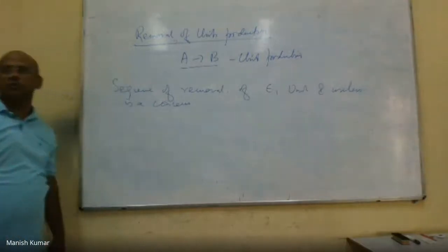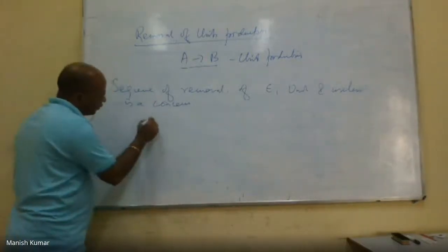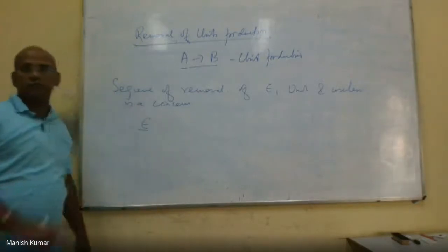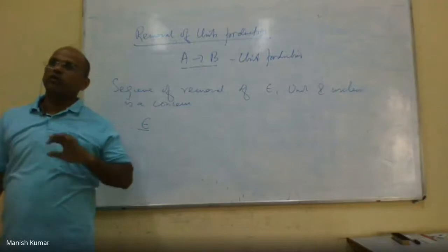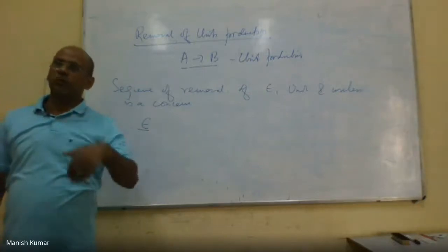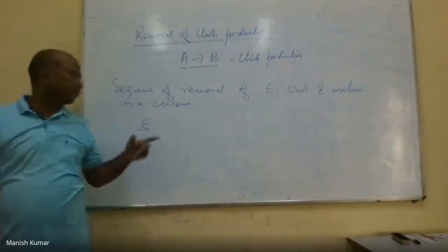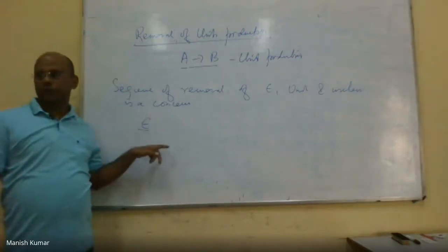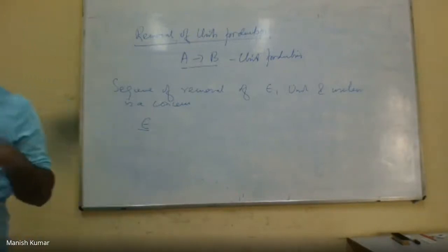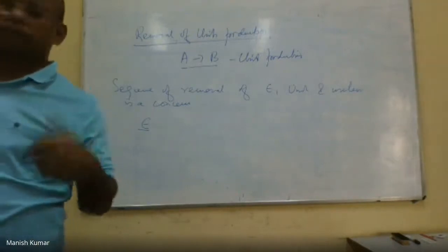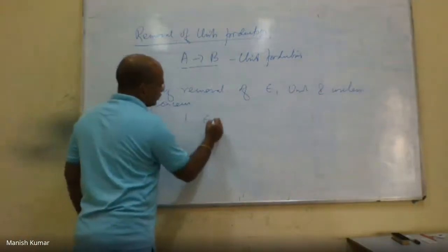The reason is very simple: while removing epsilon production, you will be generating some unit production. If you remove the unit production first and go for epsilon production removal next, then unit production will be there again and you will not be able to resolve it. So always first go for epsilon production.